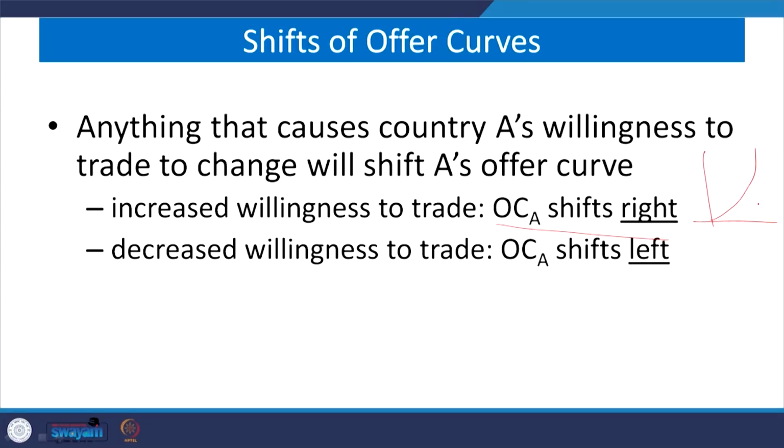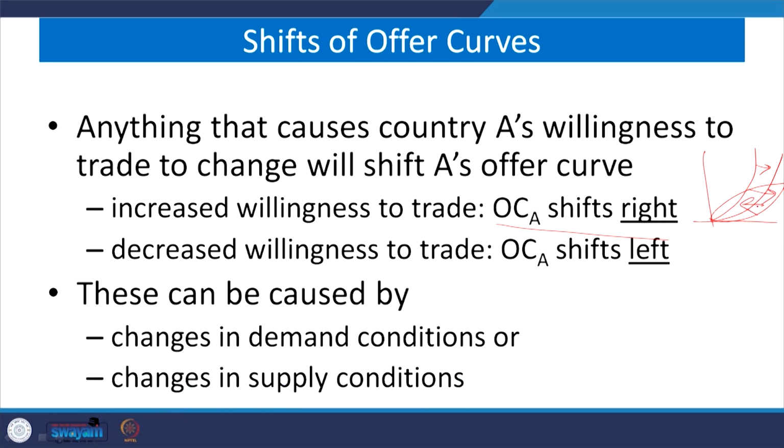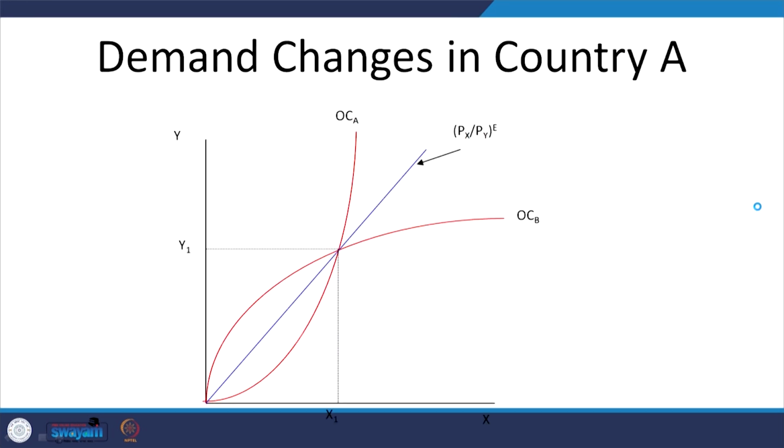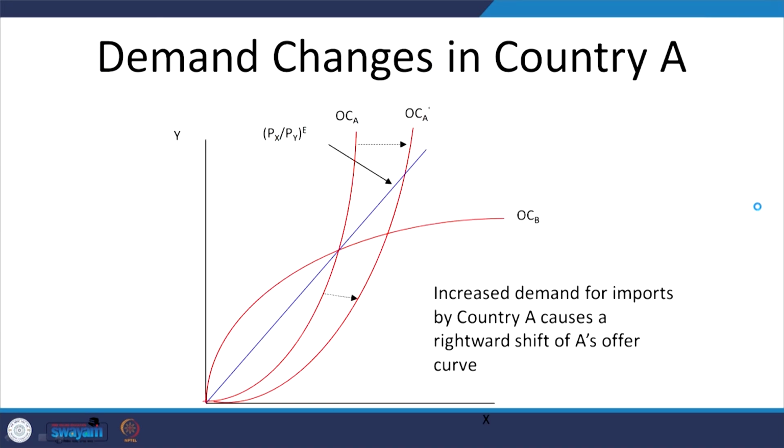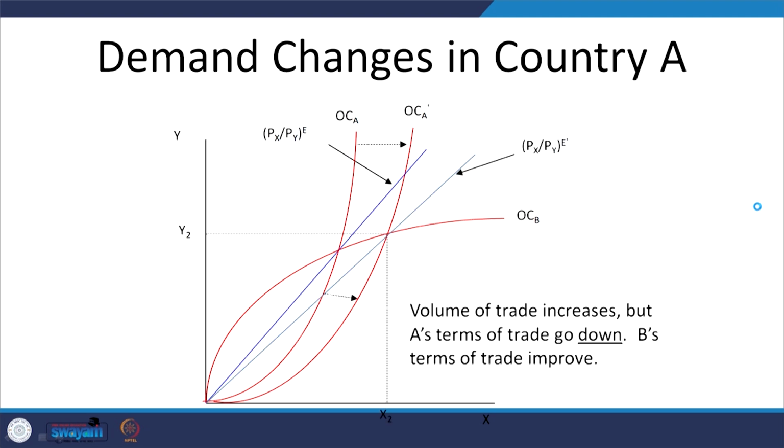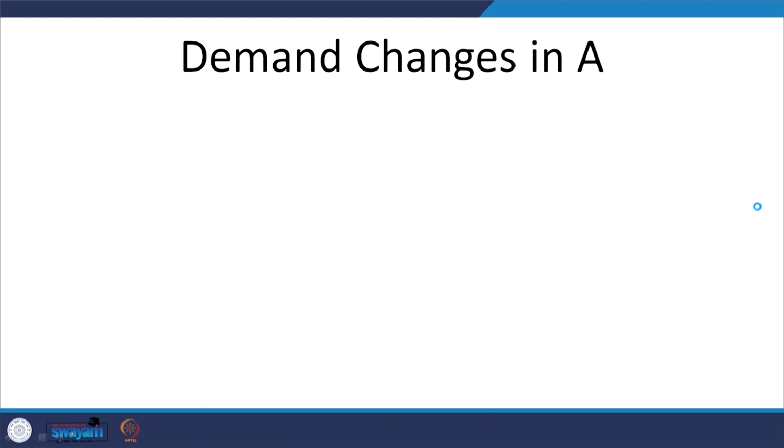The offer curve which we have just explained, if there is a willingness to export more, will be shifted towards the right; otherwise, for other reasons, it will be shifted left. Similarly, we can explain for country B as well, and these can be caused by changes in demand and supply conditions as well.